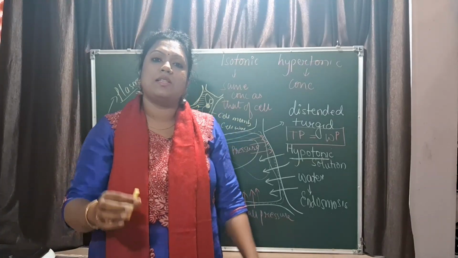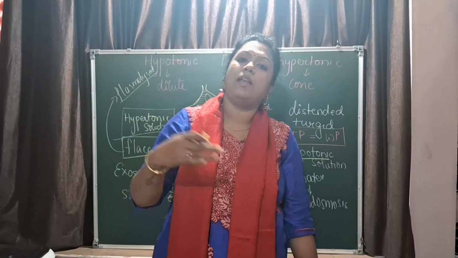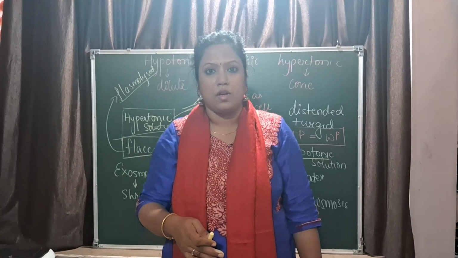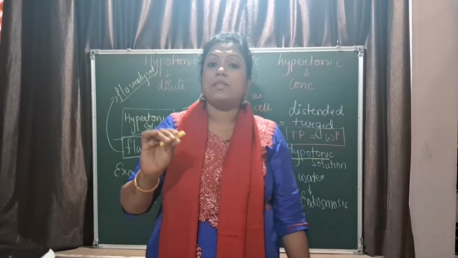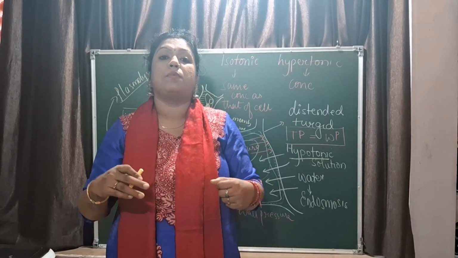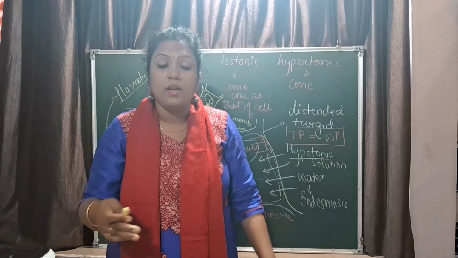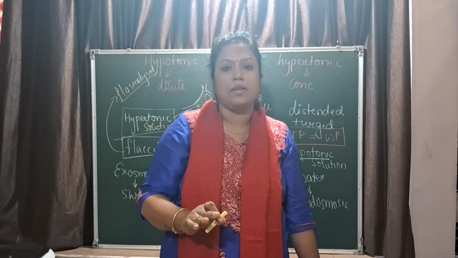So plasmolysis is shrinkage of the cell membrane, and deplasmolysis is regaining its shape because of absorption of water when placed in hypotonic solution. Whenever a cell is placed in hypotonic solution, it bulges out and swells up, endosmosis will occur and the cell will become turgid.